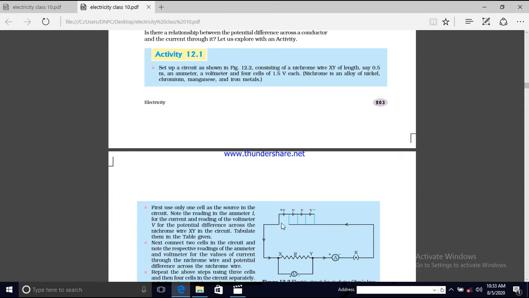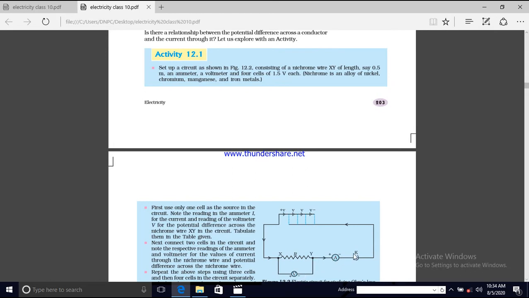So now you might have understood. Always remember the positive terminal of the cell is always connected to the positive terminal of the voltmeter. In the same way, the positive terminal of the battery is connected to the positive terminal of the ammeter.